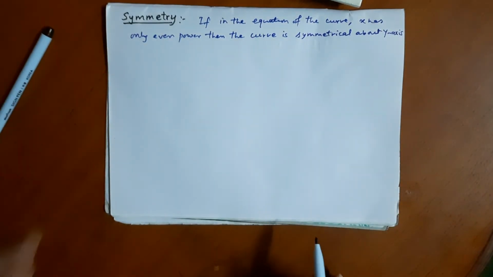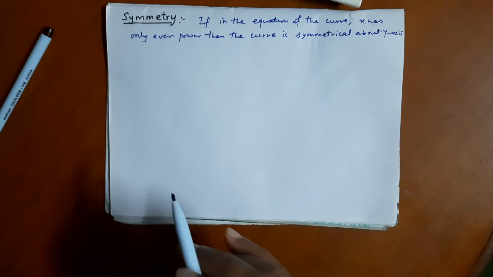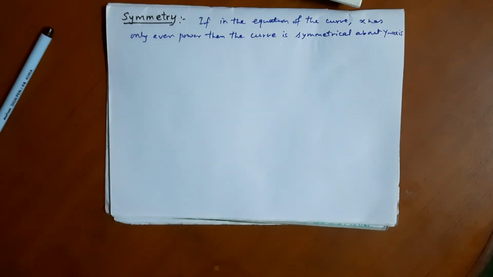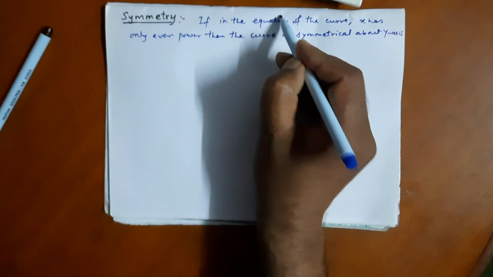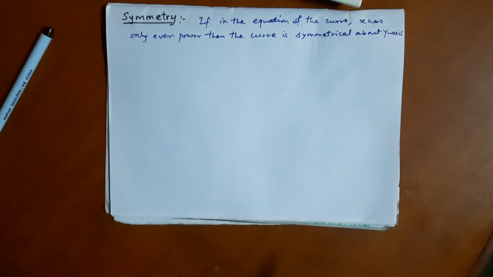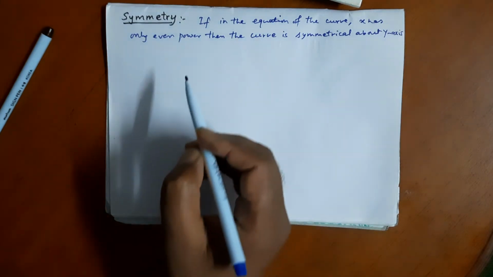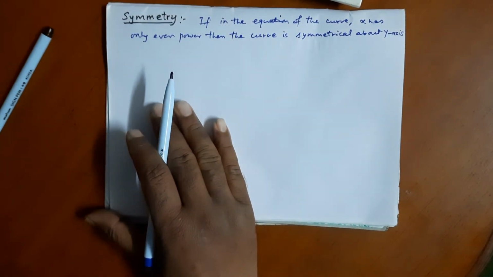So if in the equation of the curve x has only even power, then the curve is symmetrical about y axis. No odd power, only even power.